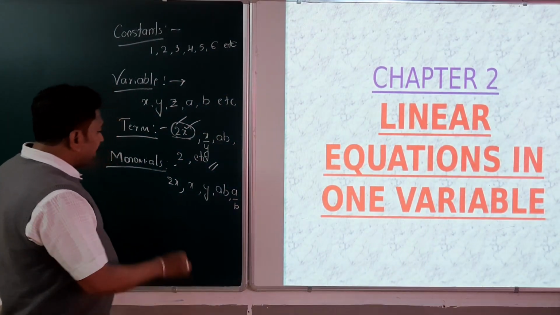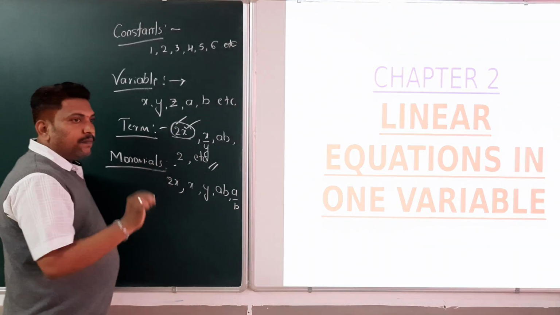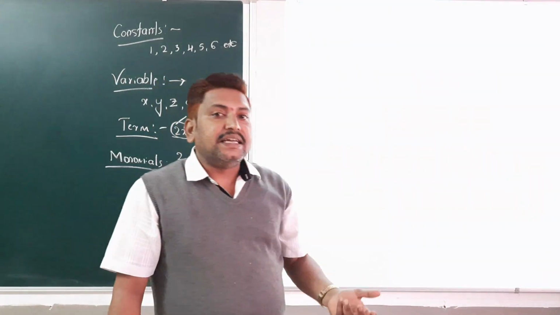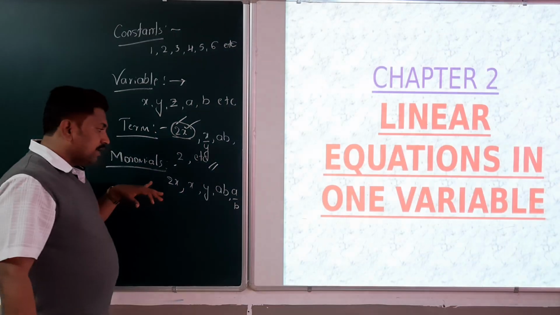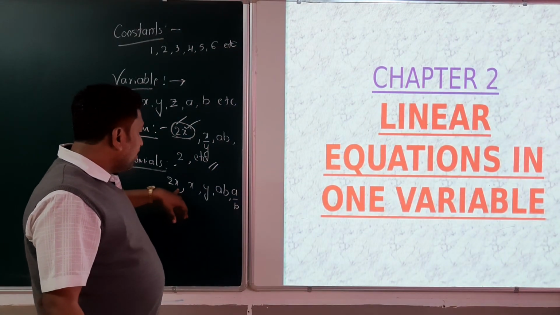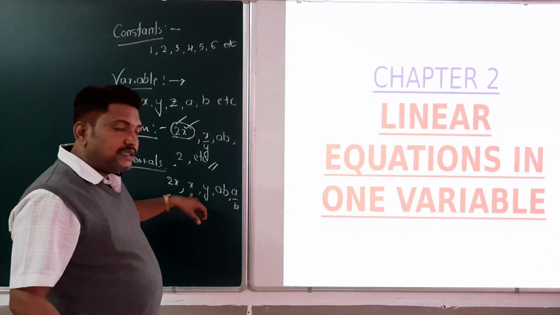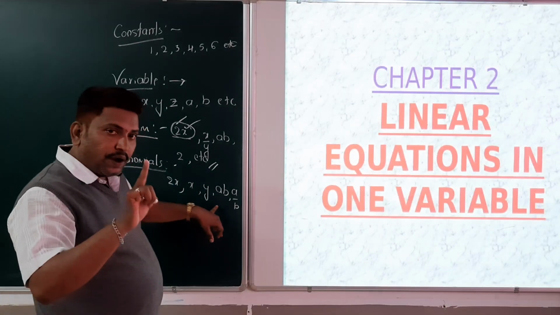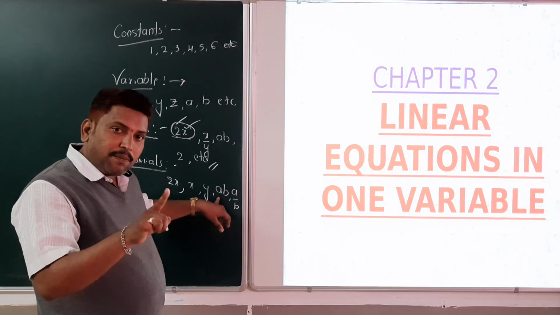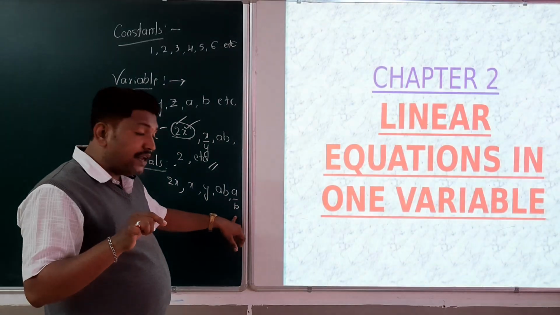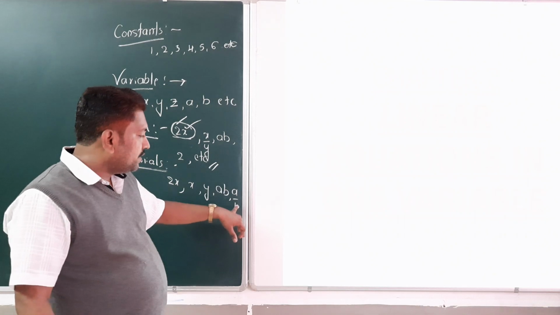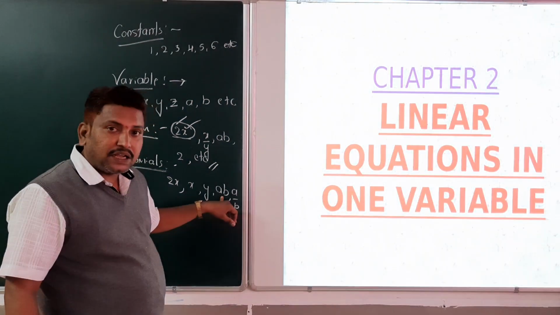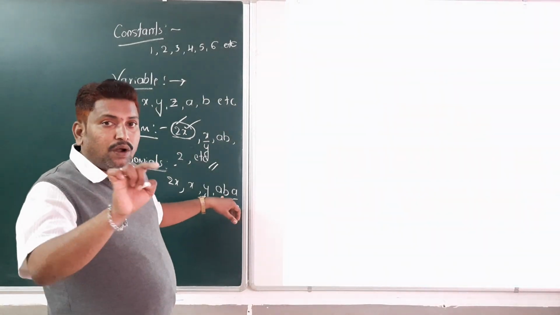Only the plus sign or minus sign bifurcates terms, then only we can say the types of the terms. Here 2x is 1 term, x is 1 term, y is 1 term, a into b, ab, is 1 term, a divided by b is also 1 term, because it is multiplication or division, we consider it 1 term.